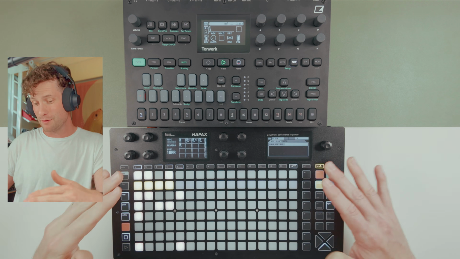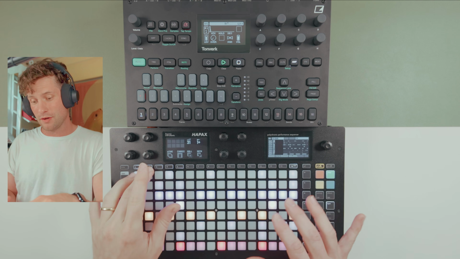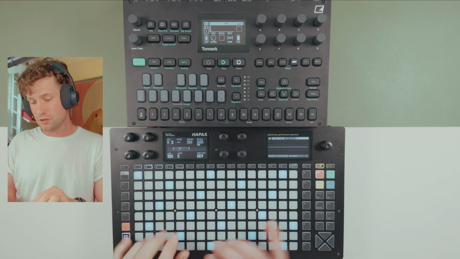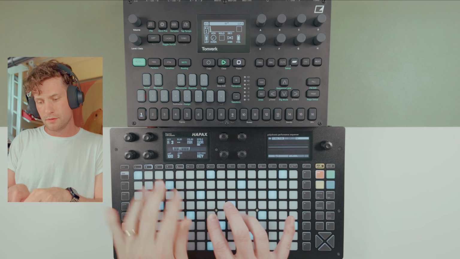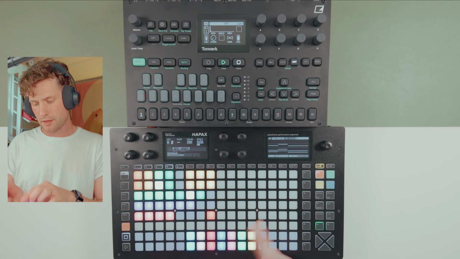So I've got the visual aids that I like, and just the playing on here is so much more fun. You know, you just got great chord mode.